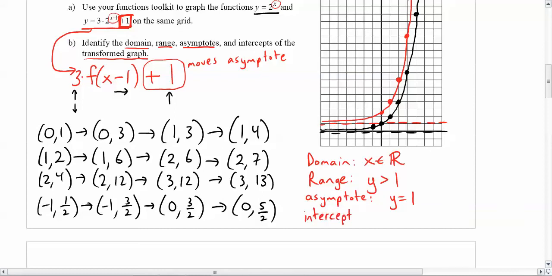To find the y-intercept, you can take your graph and plug in 0 for x. And as you can see from our calculations, that becomes 5 over 2. And there's no x-intercept. It will never cross the x-axis.